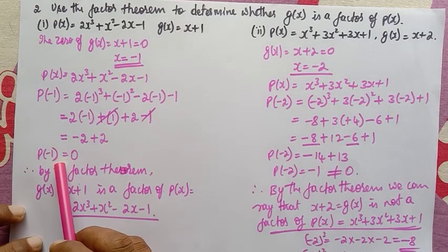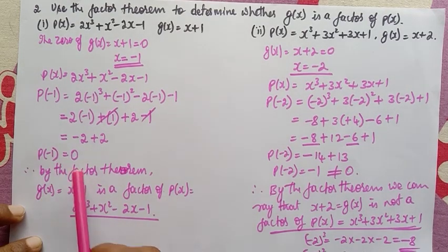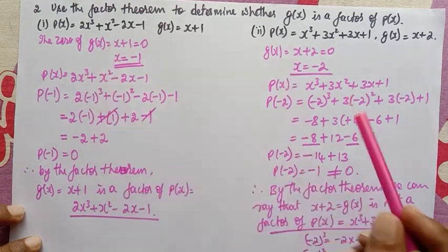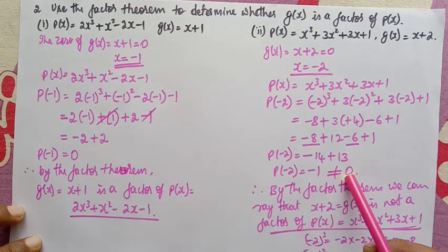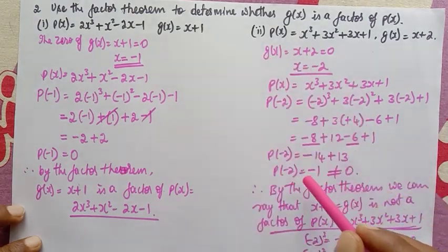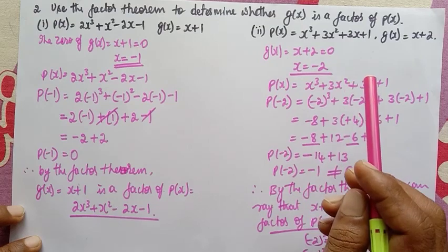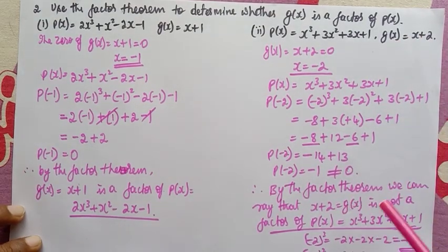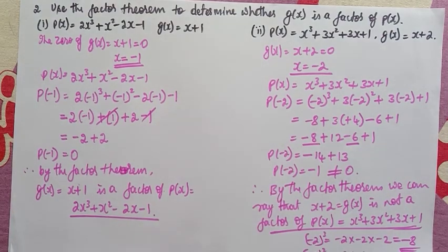From the first problem, we already know that by the factor theorem, if this is equal to 0, then it is a factor. In this case, on substituting the value of x in the p of x, it is not equal to 0, so g of x is not a factor of the p of x.